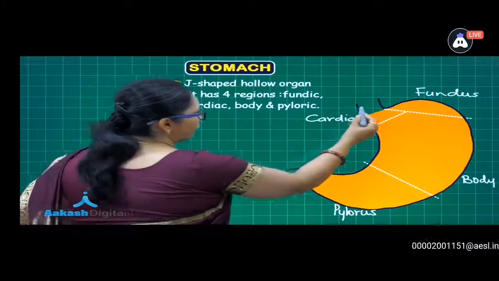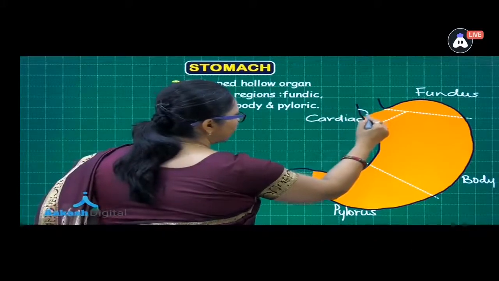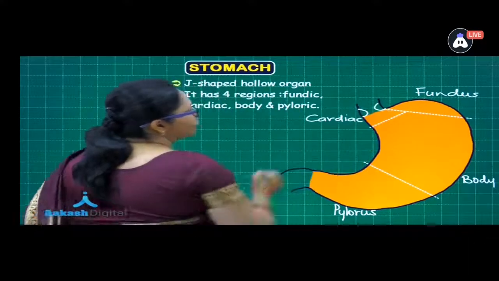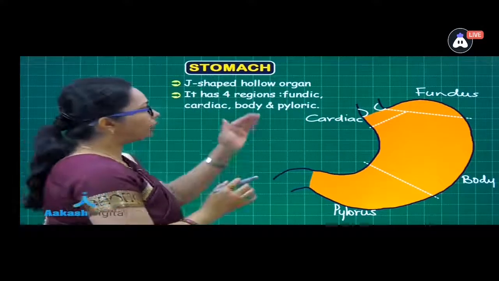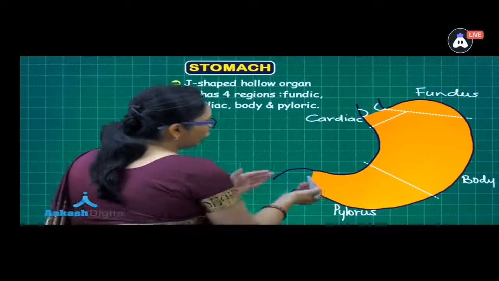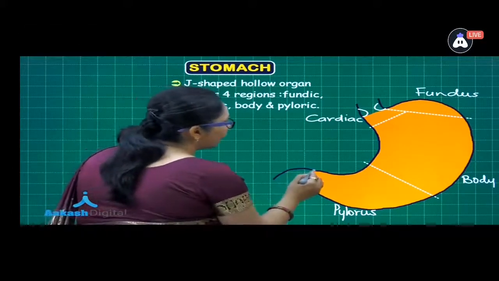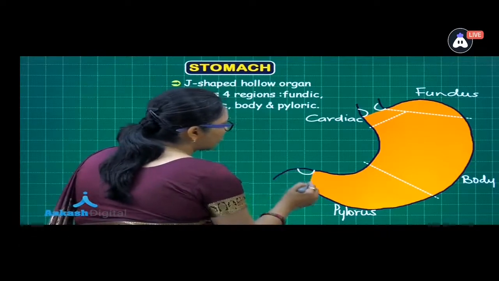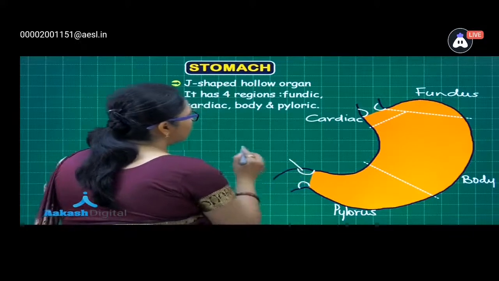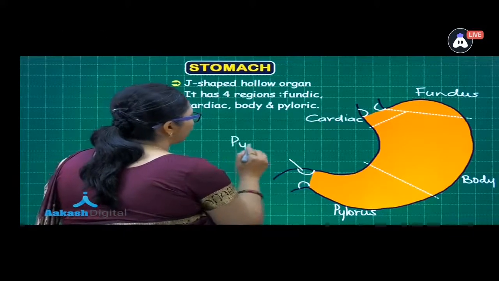And as we already mentioned, where the esophagus ends, there is a sphincter, the lower esophageal sphincter. And at the end of the pylorus, where the duodenum, the next part of the alimentary canal, starts, there is again a sphincter called the pyloric sphincter or pyloric valve.